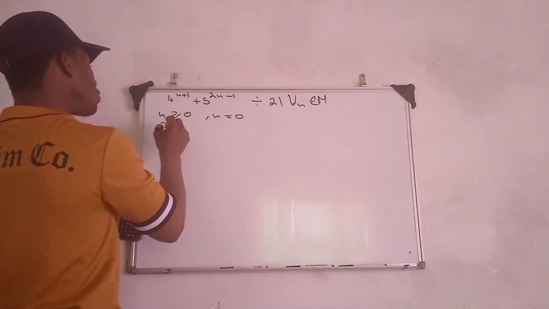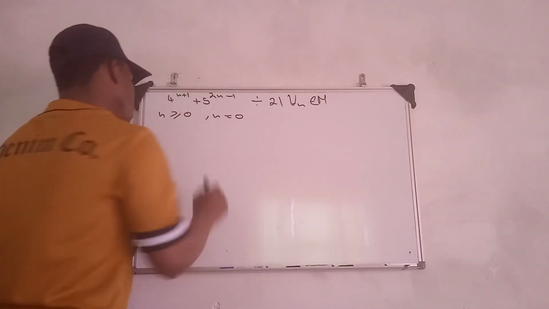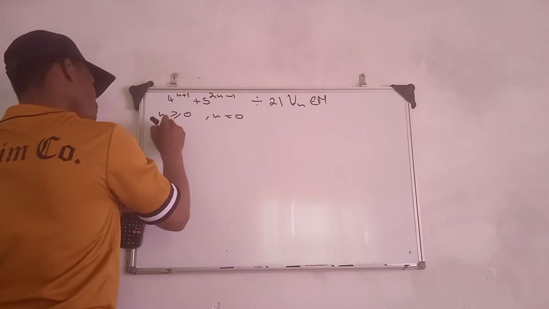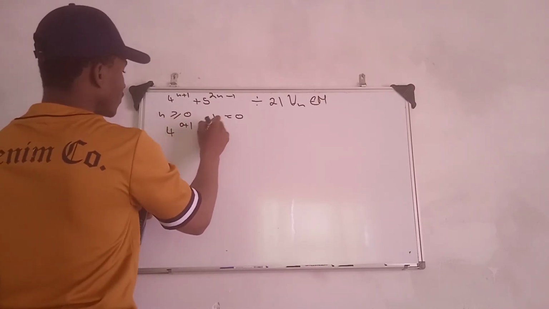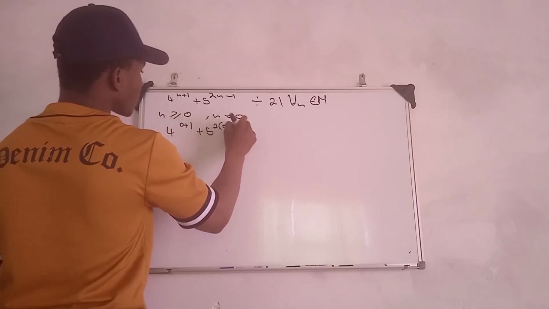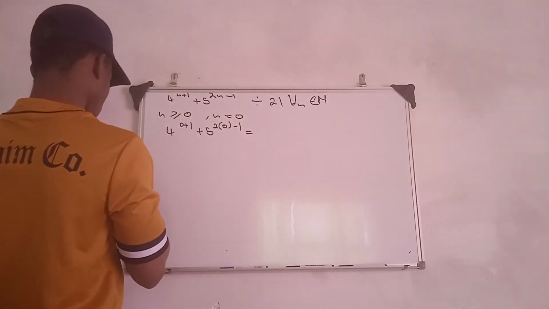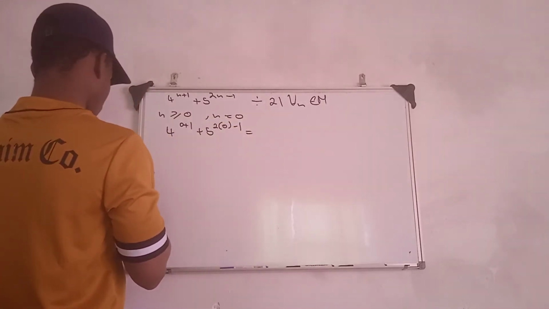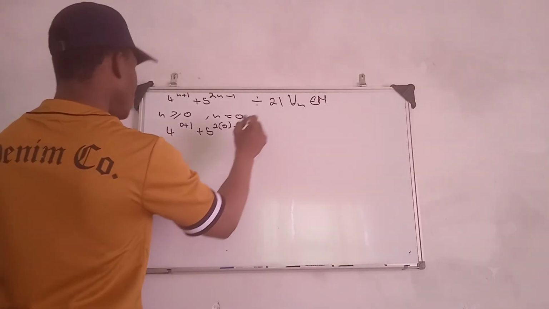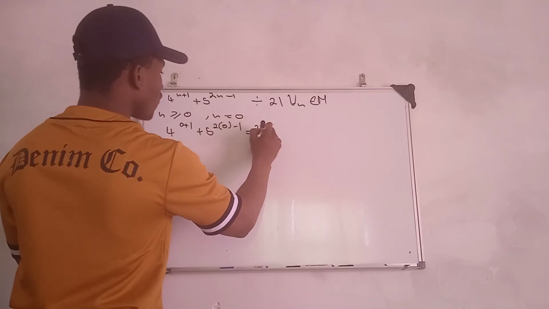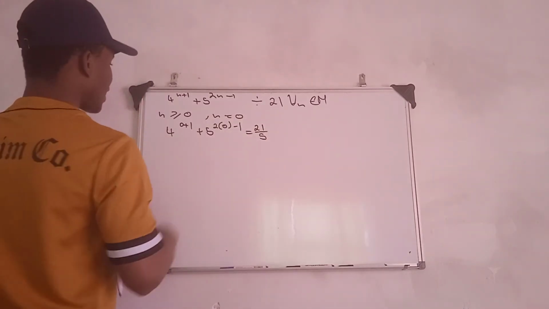So if I substitute wherever I see n by 0, this is what I'm getting. I'm substituting. So I'm not getting 0, I'm getting 21 over 5. Let's try 1, guys.